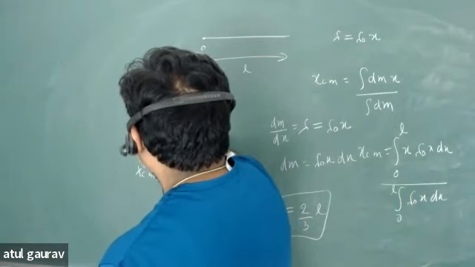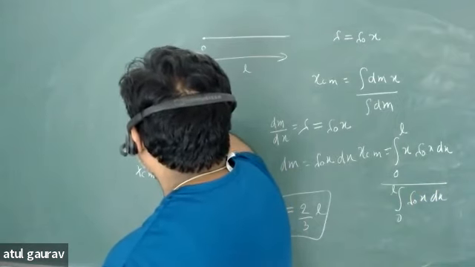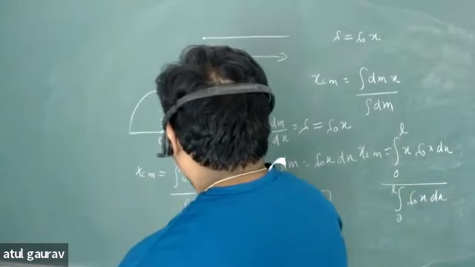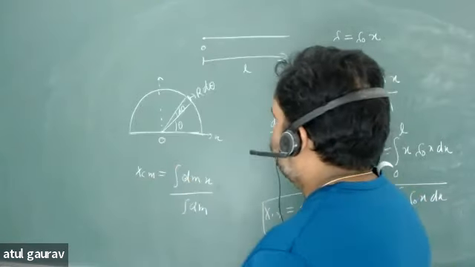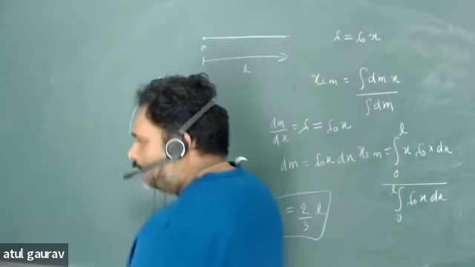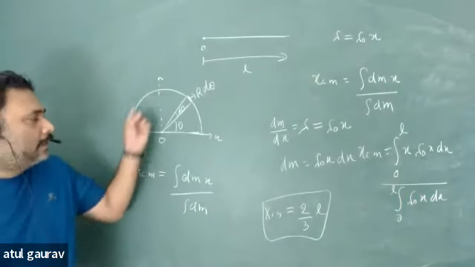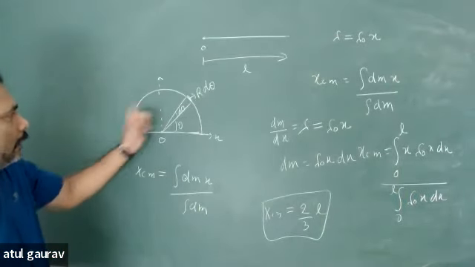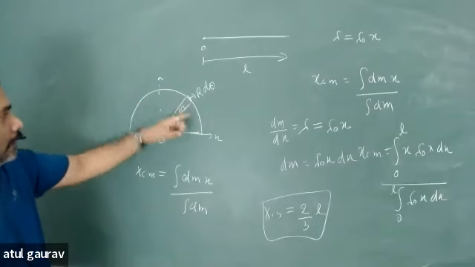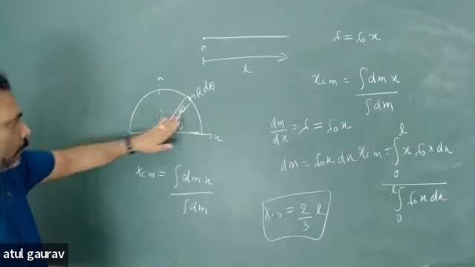This is theta, this is your d theta. You have to take this thing as r d theta. So this is linear. Your mass is linearly distributed along this particular curve. This is not distributed in the whole place.